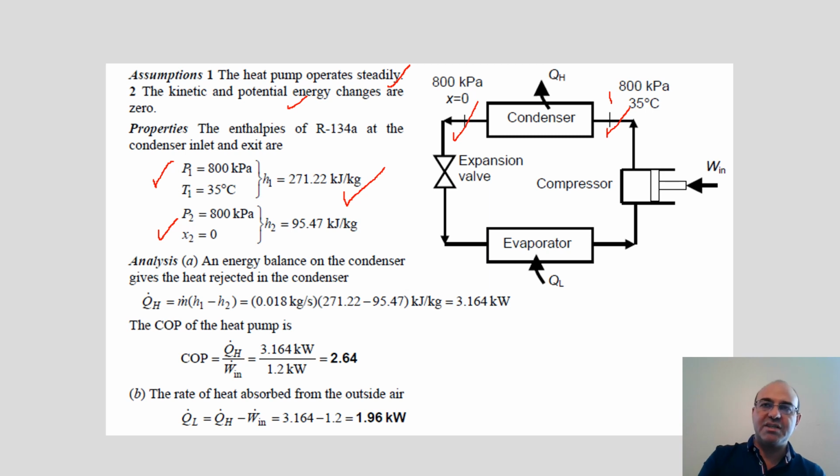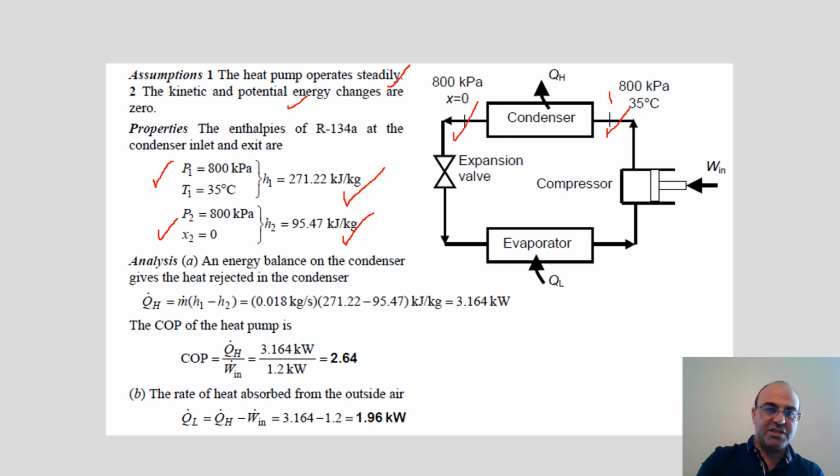So then we can go ahead and read h2 from the table, and h2 is equal to hf at 800 kilopascals. So we do have the tables in the following slides.